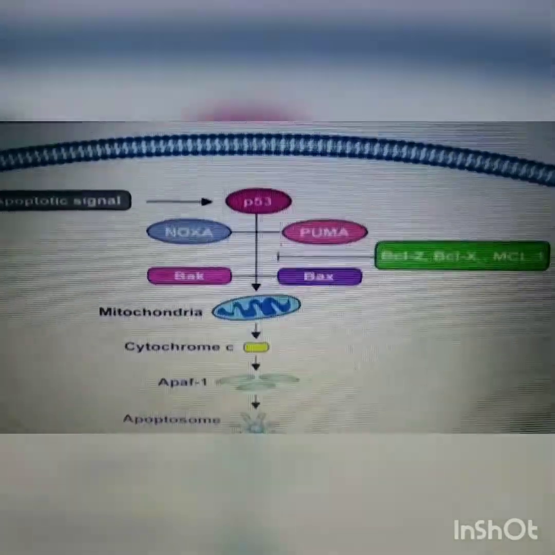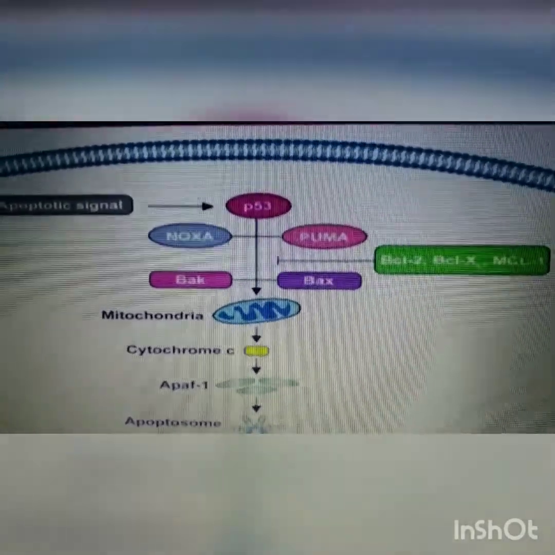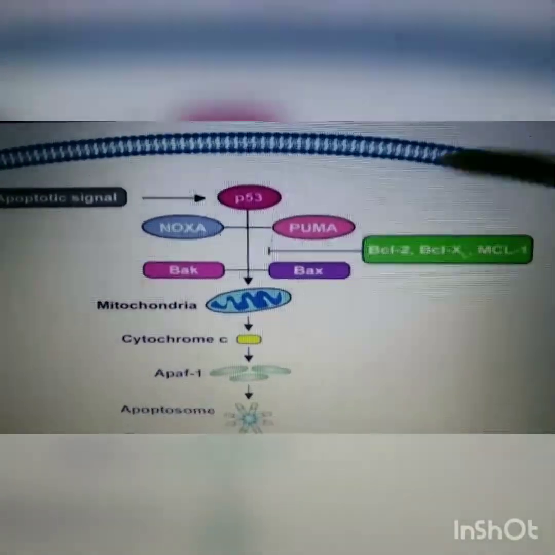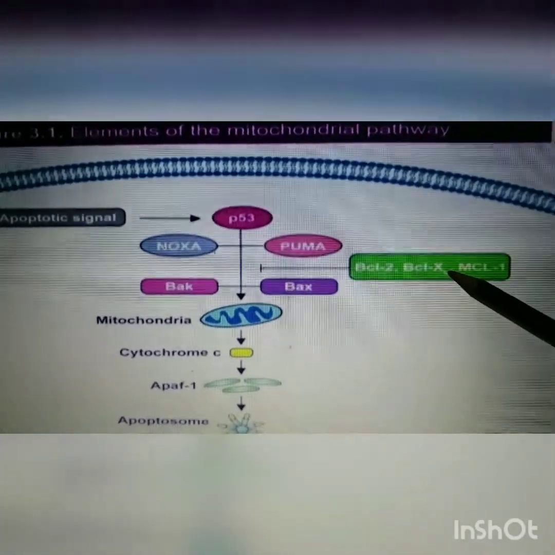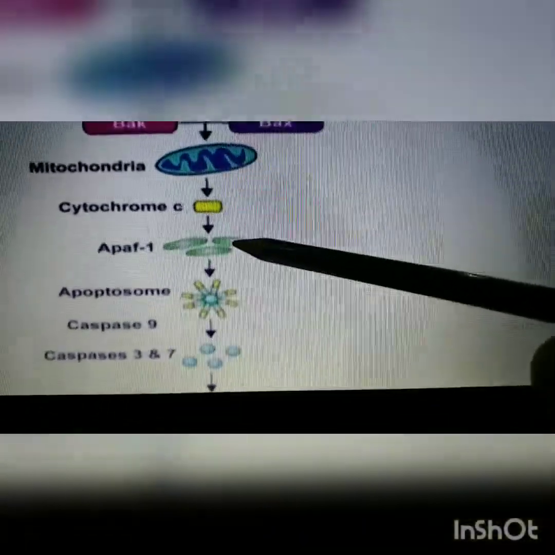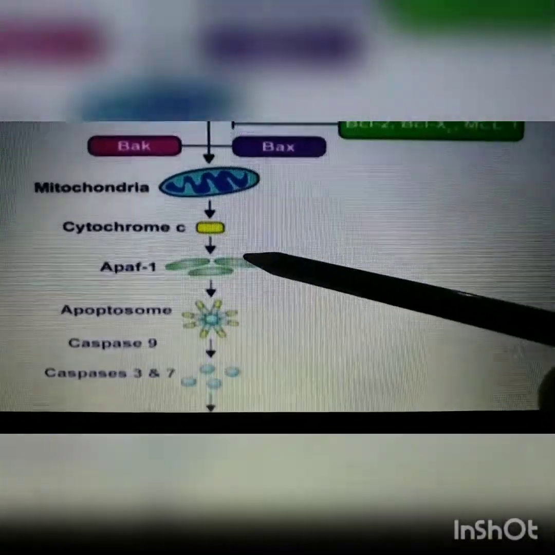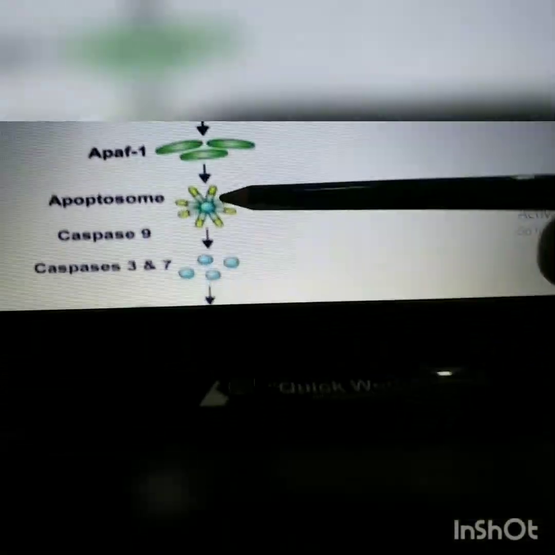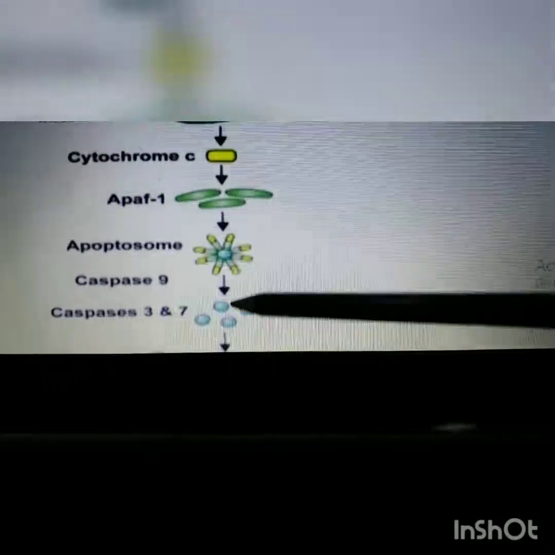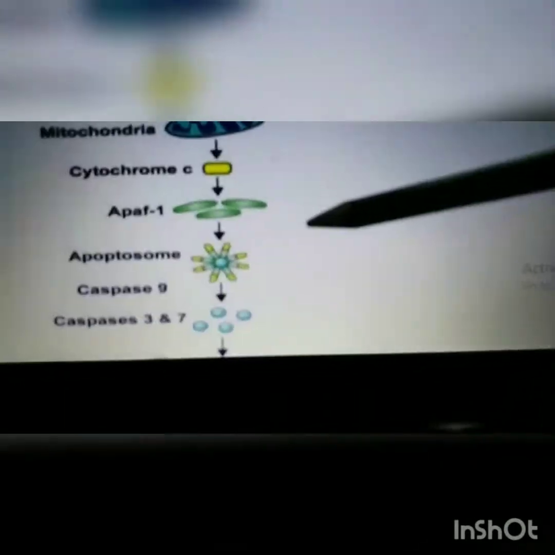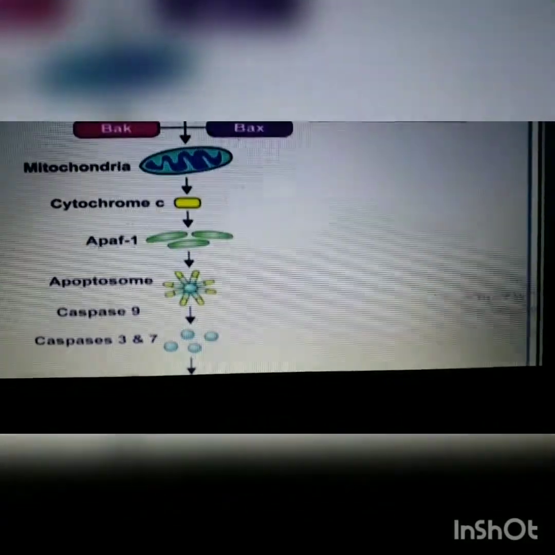I already told you about BAX and BAK. And BH3 members, Noxa and Puma, inhibit the BCL2 members and allow BAX and BAK to go to the mitochondria and release cytochrome C, which combines with APAF-1. To APAF-1, through the CARD domain, caspase 9 is attached and forms the apoptosome, and this apoptosome changes procaspase 9 to caspase 9, then to caspase 3 downstream, and results in apoptosis.